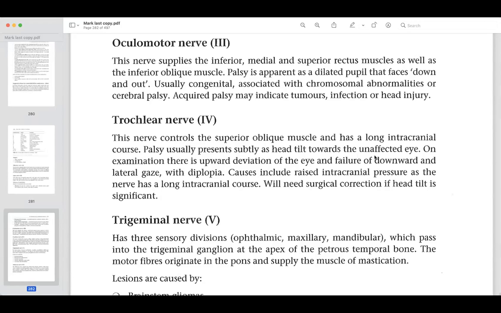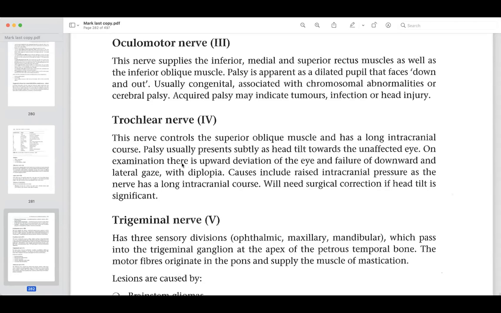You will see a head tilt when you're observing the video. You should also observe for that. In trochlear nerve palsy, usually there will be a head tilt towards the unaffected eye. Means suppose if the left eye is affected, the tilt of head will be seen towards the right.